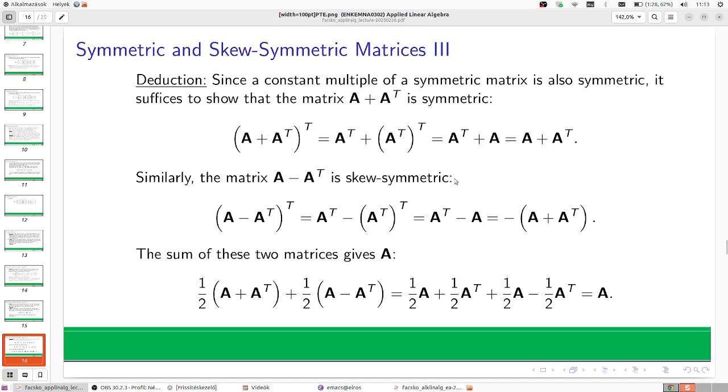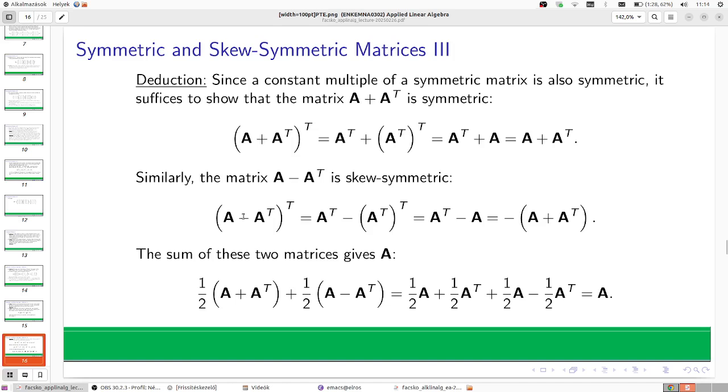Great. I have to prove that this part is skew symmetric. Skew symmetric means the transpose of this must be minus this. I start from this, I do the transpose, and if I factor out the minus, then I get minus one times this.